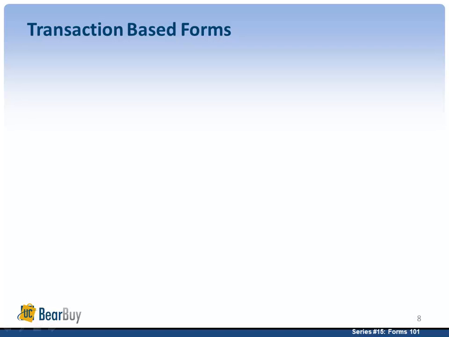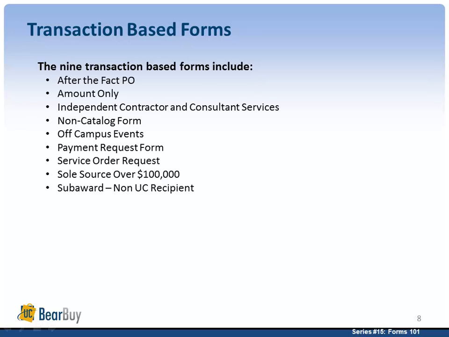The remaining forms are what we consider transaction-based forms. There are 9 transaction-based forms. They are the after-the-fact PO form, the amount-only form, the independent contractor and consultant services form, the non-catalog form, the off-campus event form, the payment request form, the service order request form, the sole source over $100,000 form, and the subaward non-UC recipient form.